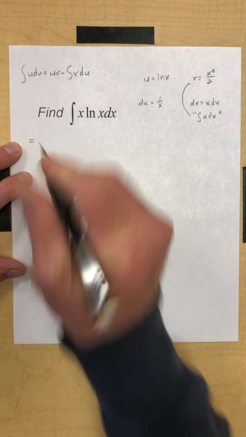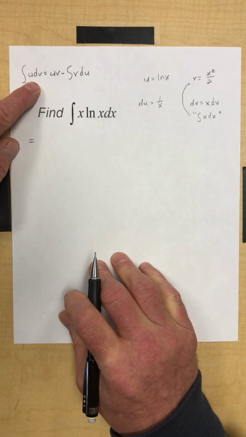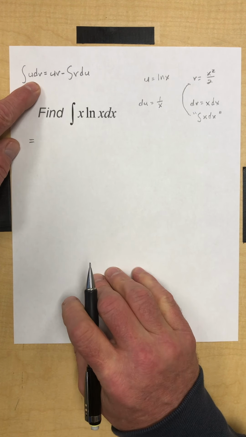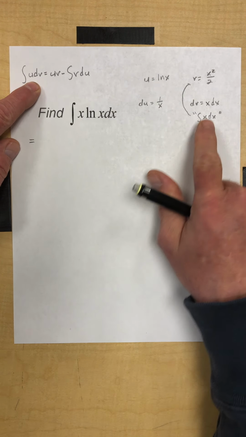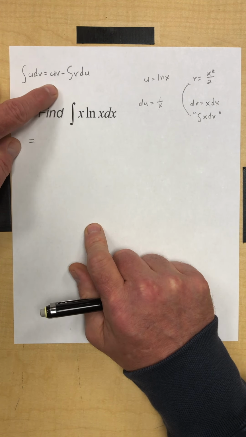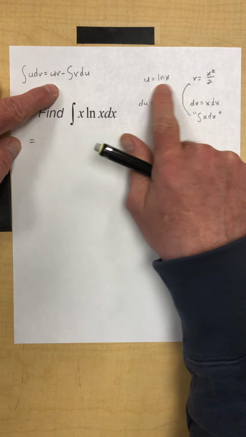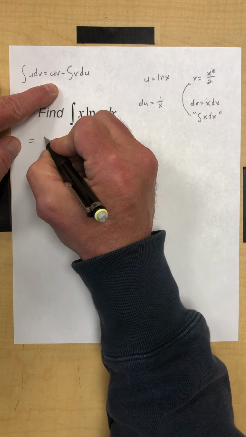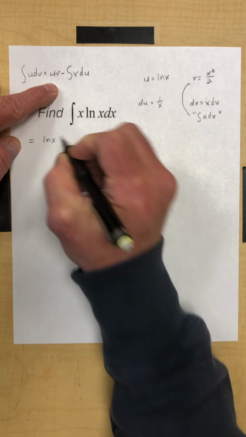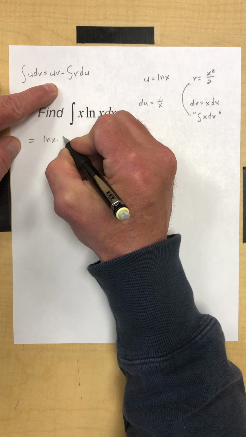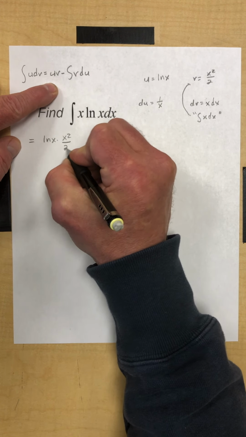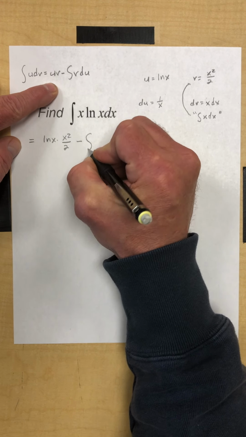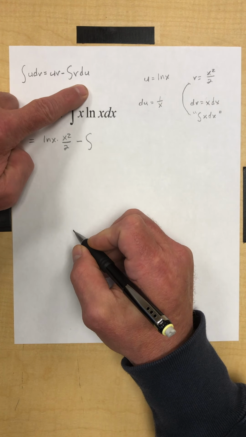If I'm following this formula, and so I have my U dV, we're going to get UV, so U times V. So I multiply the natural log of X times this X squared over 2, minus the integral of V du.